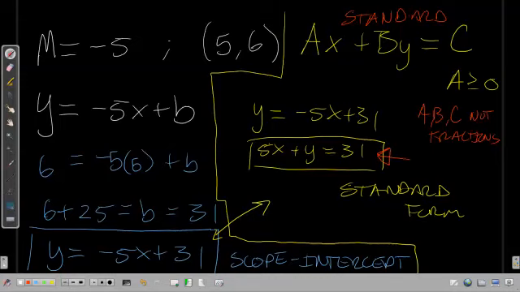Doesn't this then satisfy those requirements? It's got the x and the y on the same side. A is 5, B is 1, and C is 31. None of those are fractions. And 5 is not negative, so this must be the standard form then.